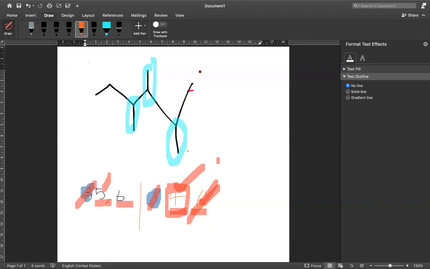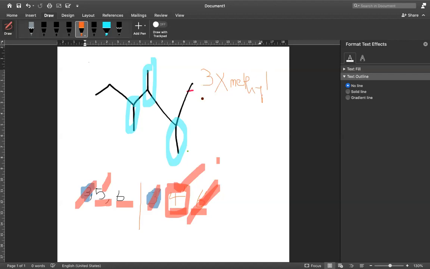So now we're saying if there are 3 identical substituents, in mathematics we would say this is 3 times methyl.